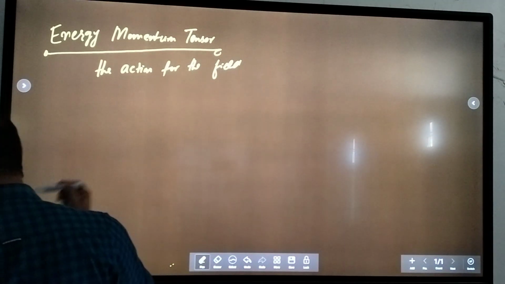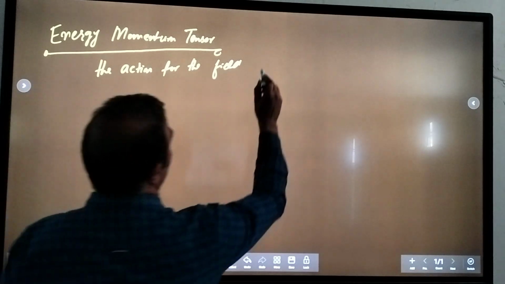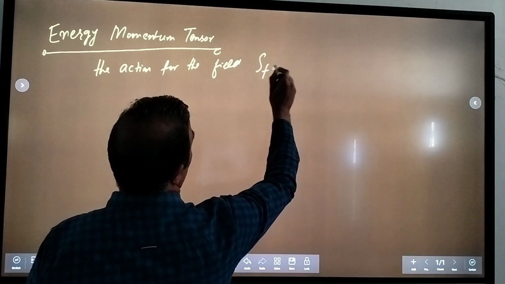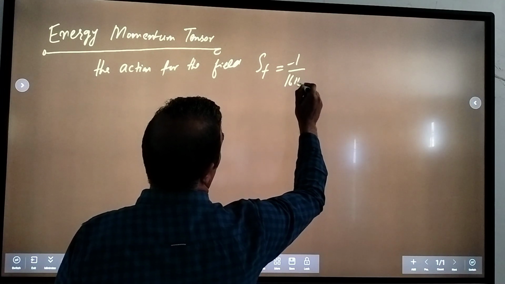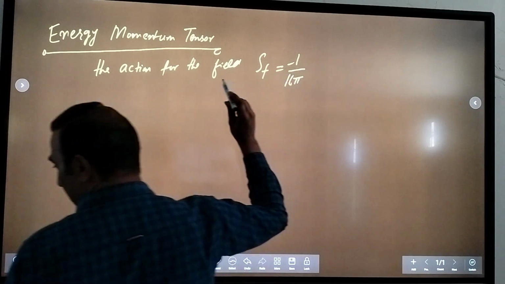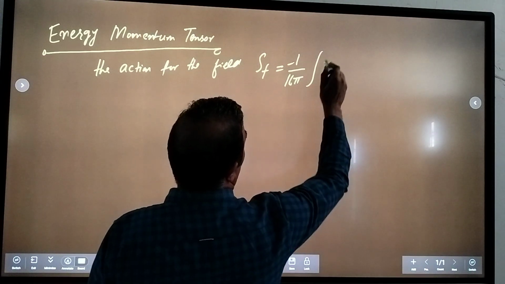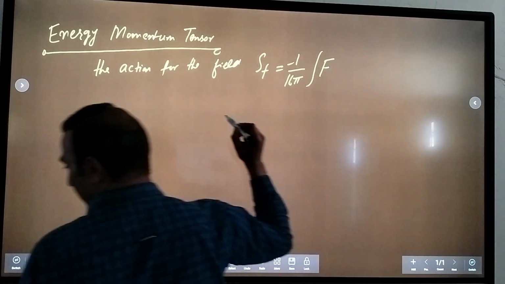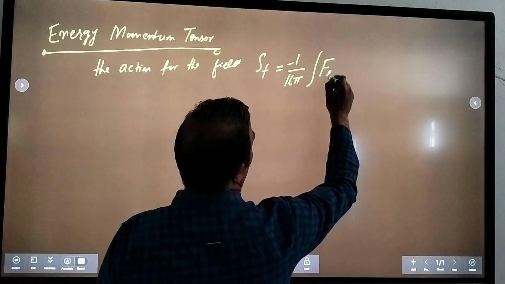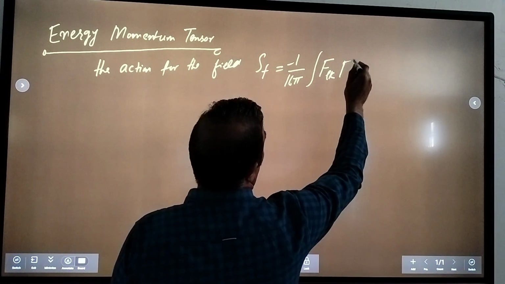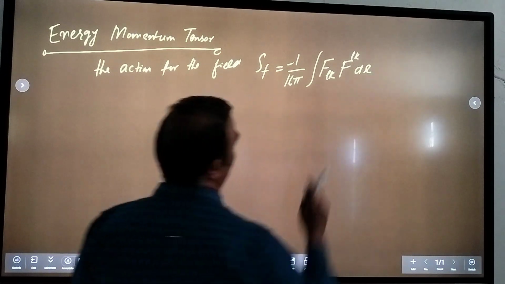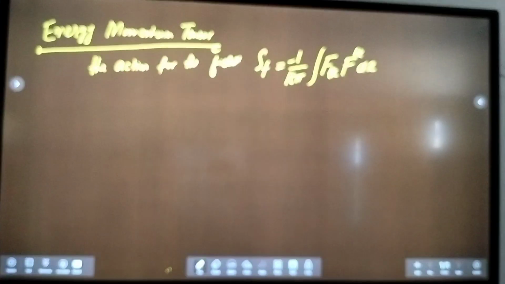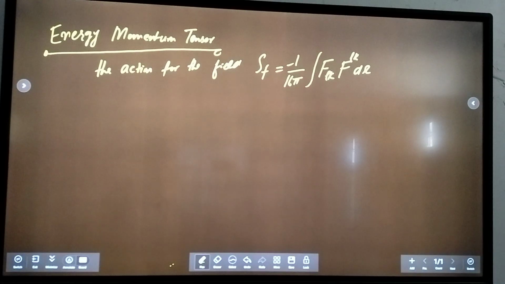So the action for the field we can write as S_F, which is equal to minus 1 by 16 pi, integral of F mu nu F mu nu d omega, right?